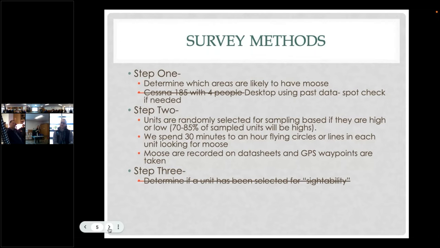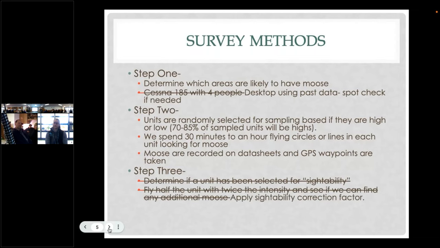So I took the middle value and applied that against this year. And in most years, our sightability correction factor for the West Delta is 1.11. What that means is for every 100 moose that you see, there's probably 11 there that you miss. And that seems pretty reasonable, because when it gets hot and heavy, it's easy to miss animals out there.